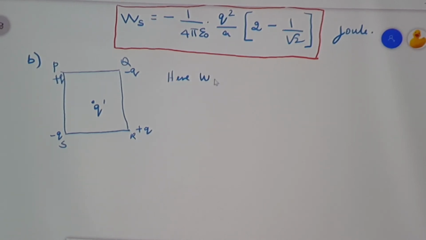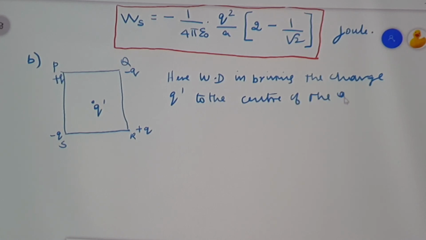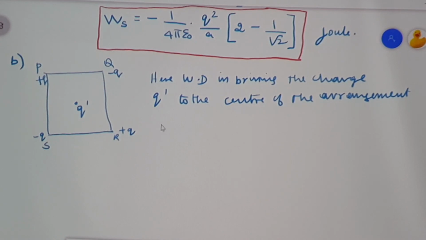Work done in bringing the charge Q dash to the center of the arrangement is equal to, W is equal to the potential available at the center due to all the four charges multiplied with the amount of charge mode Q dash.